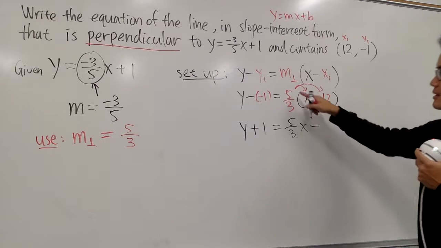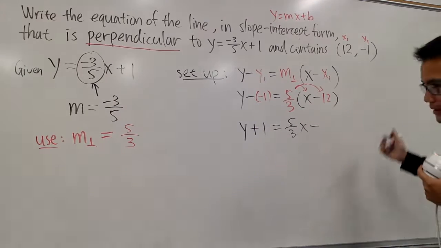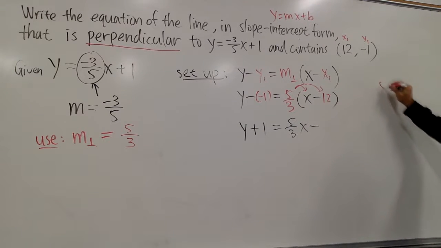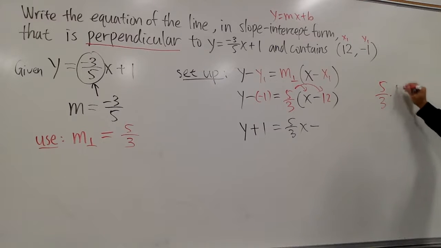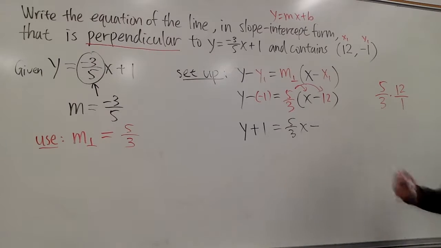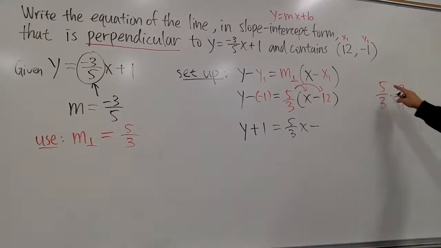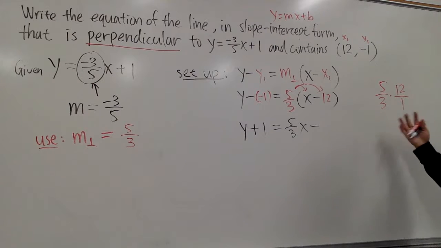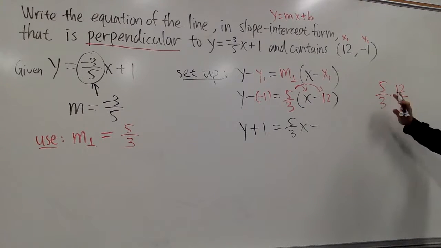And how can we work out 5 over 3 times 12? Let me just show you real quick on the side. 5 over 3 times 12, and we'll put the 12 as 12 over 1, okay? And you have two ways to do it. You can just do 5 times 12, which is 60, and then divide by 3, which is going to be 20, okay? Or you can just cross-cancel, cross-reduce first.